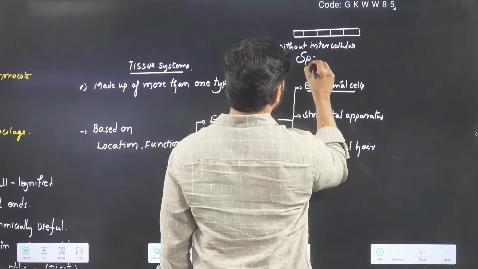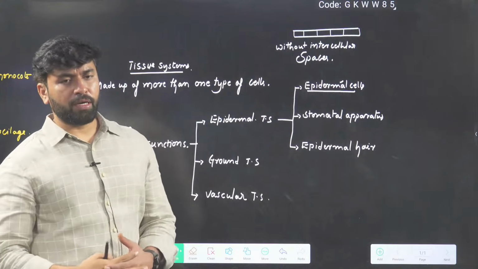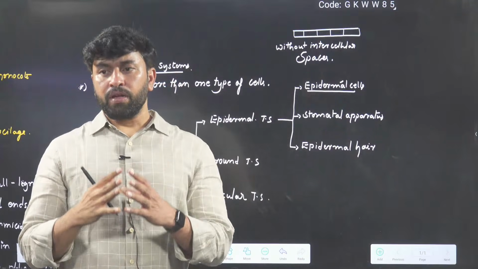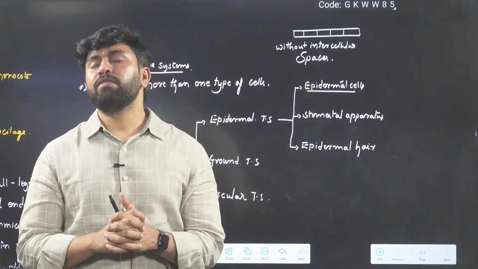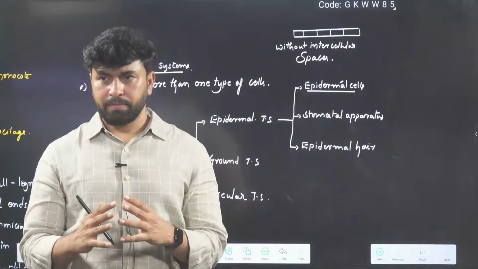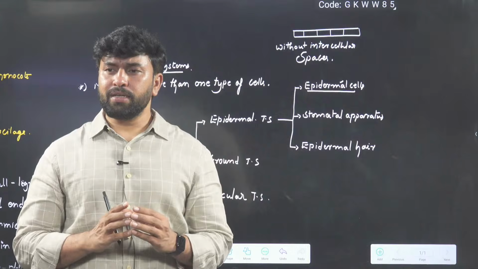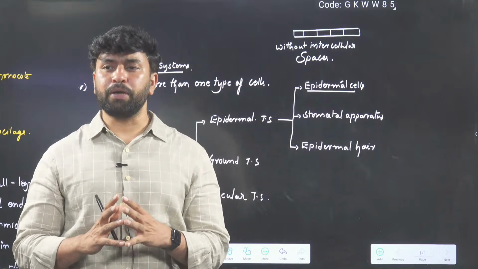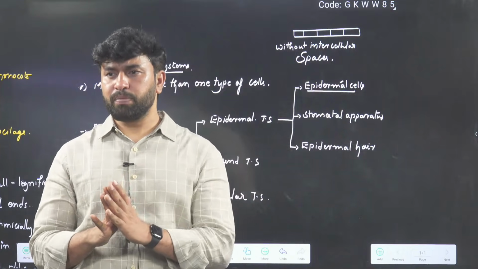When I was talking about parenchymatous cells, I said generally parenchymatous cells do have intercellular spaces, but there is one variety of parenchymatous cell which is arranged without intercellular spaces. That's called epidermis. Epidermis generally does not have intercellular spaces.